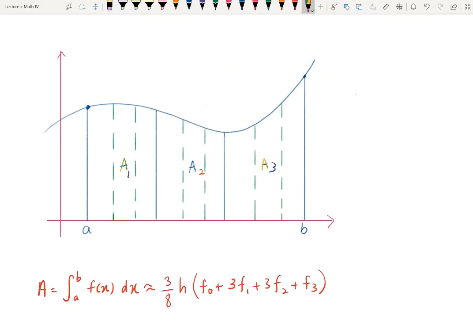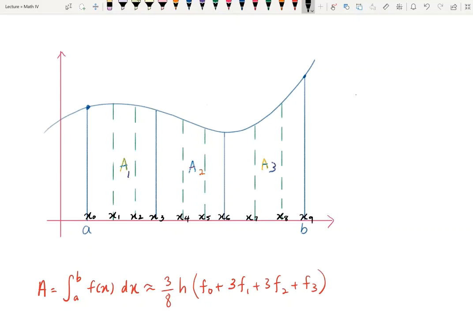Dan bila kita dah bagikan kepada mini segment ni, kita rename all the points. Start with here, x0, x1, x2, x3 sampailah x9.